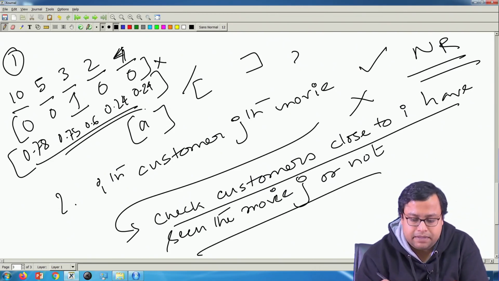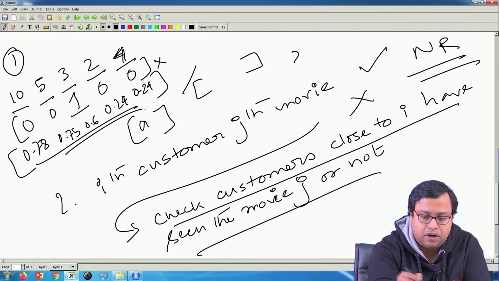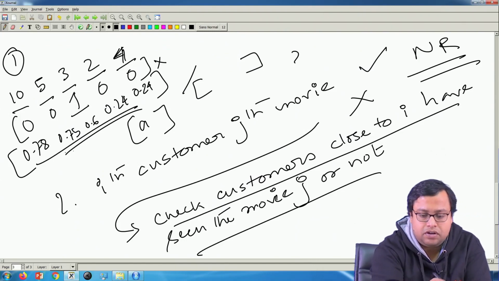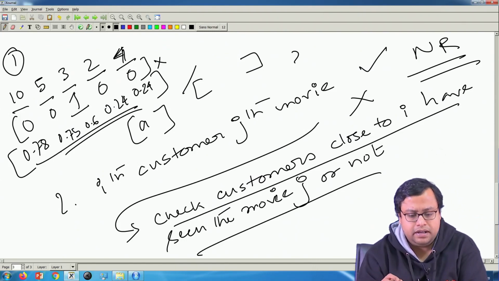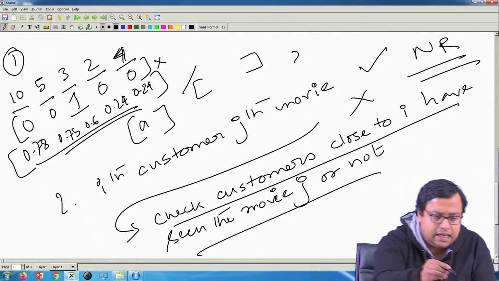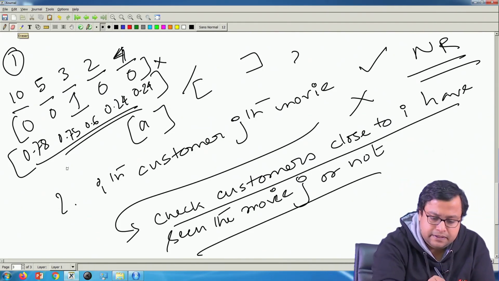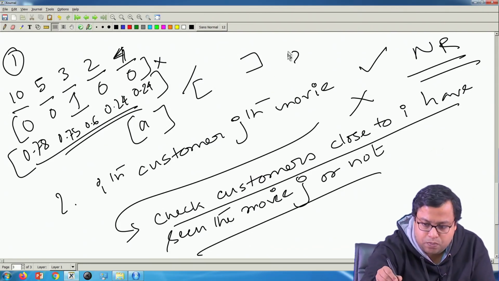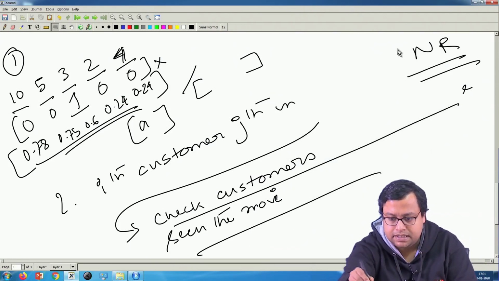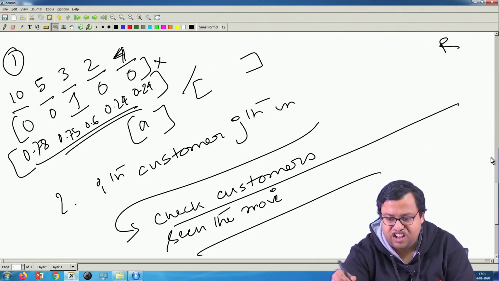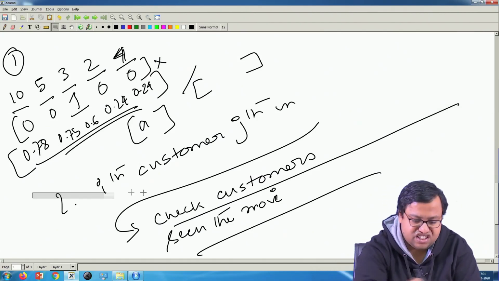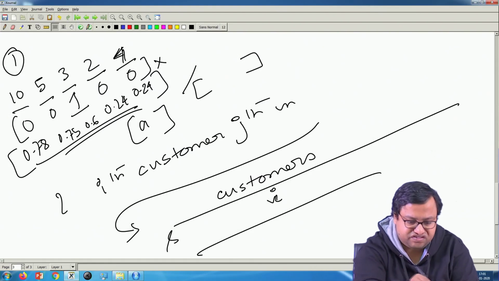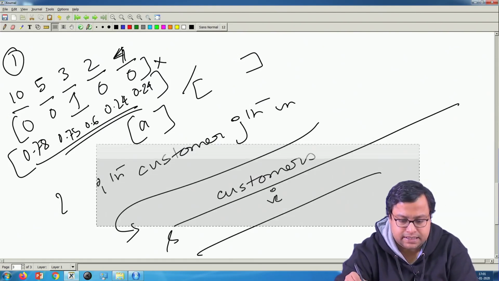What I am getting basically is 1 into 0.6 at the top, and then summation of all these things in the denominator. By chance, think about a situation: if instead of this one person, 2 persons have seen the movie, how will you deal with that kind of a situation?